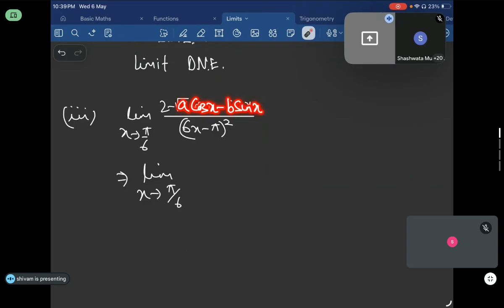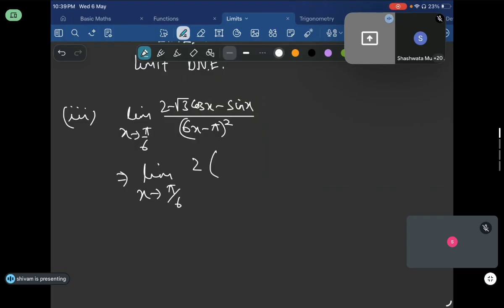Do you remember, everyone? Whenever you get a cos x minus b sin x, we have to multiply and divide by root over a square plus b square. So you take 2 common. See, what are you getting? 2 common. Within brackets, you are going to get root 3 by 2 into cos x minus half sin x, divided by 6x minus pi whole square.